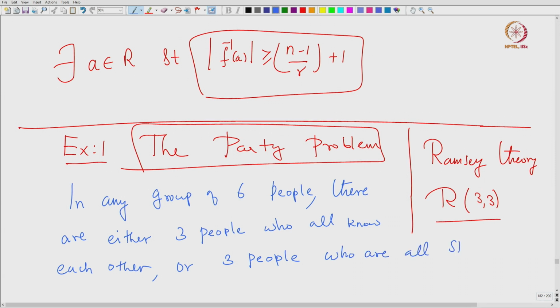It is a very strange phenomenon. You have 3 members who all know each other, that is important, or you have 3 people who do not know each other, completely strangers to each other. That is what it guarantees.